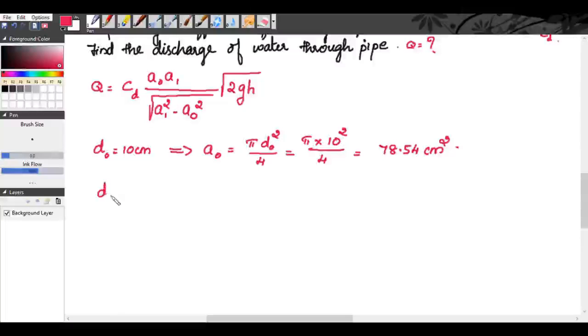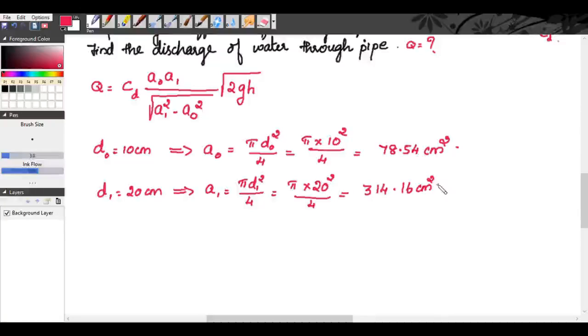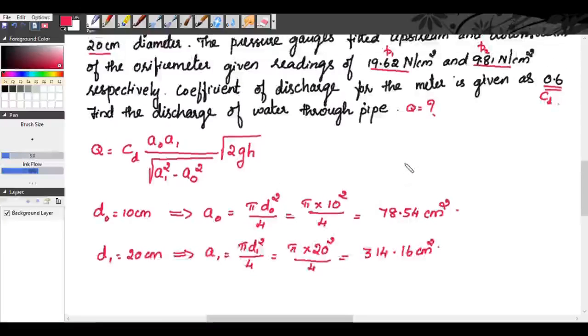So D1 is 20 centimeter, from which A1 is equal to pi D1 square by 4, pi into 20 square divided by 4, which gives 314.16 centimeter square. So we have obtained AO and A1, and CD is already given as 0.6. The value for G is 981 centimeter per second square.